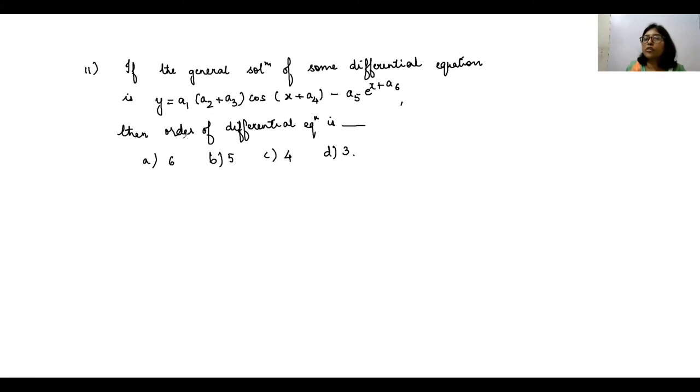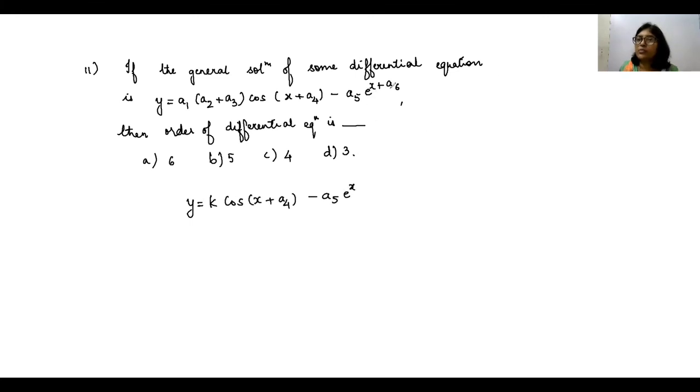We are looking for the order of the differential equation whose general solution is this. So we know that to find the differential equation, we have to differentiate as many times as the number of constants in the equation. But over here, this is actually one constant only, so we will call it k.